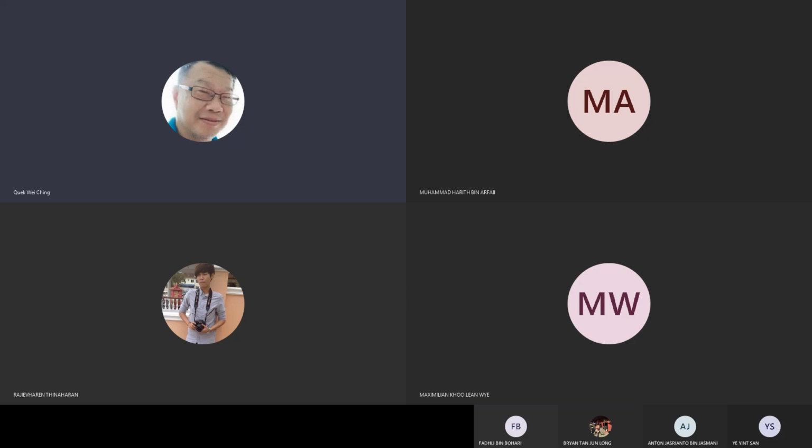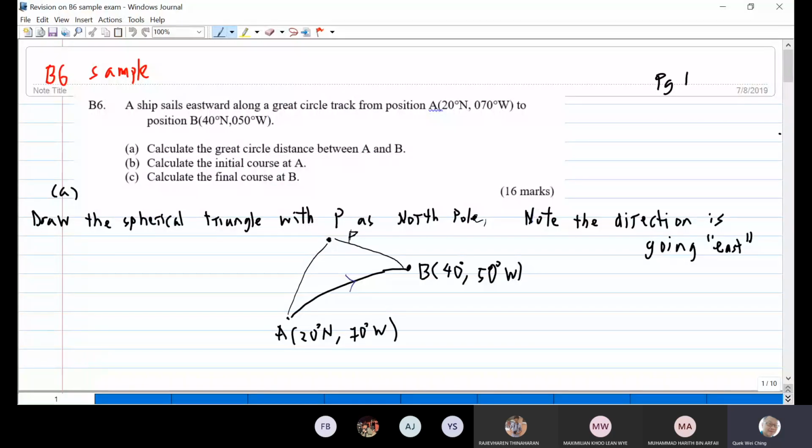Let's look at the question. Very short question, but the working is quite long. I think I wrote down the solution in 5 or 6 pages to show each part here.